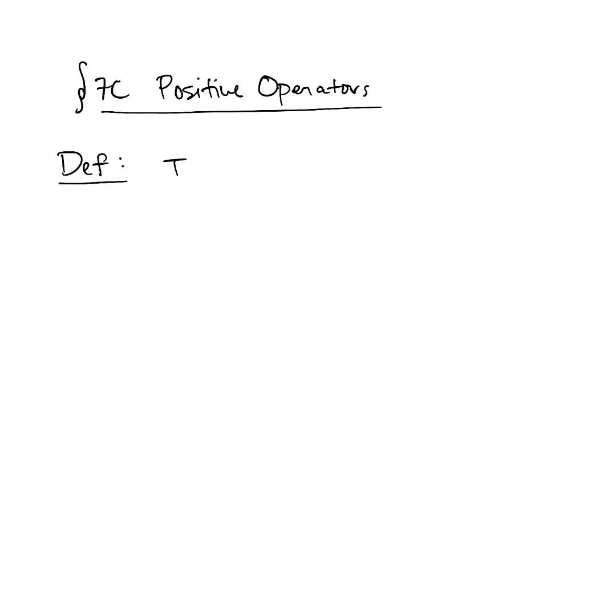Definition: T, a linear operator on V. V here is some sort of finite dimensional inner product space, with no specification as to whether it's over the reals or the complex field. T is called positive.